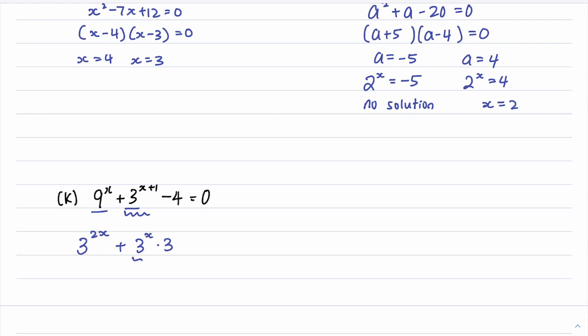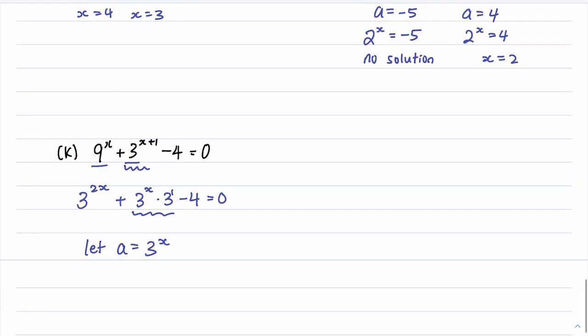Okay, and if I use my exponent properties and combine these back together, I'm going to get 3 to the power of x plus 1 because there's an exponent 1 here on that 3. And to see the quadratic more clearly, we can let a equal 3 to the power of x, and that gives us a squared plus 3a minus 4 equals 0.